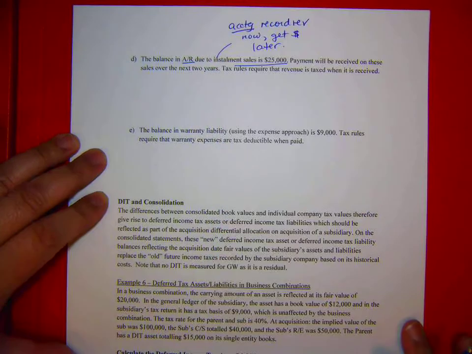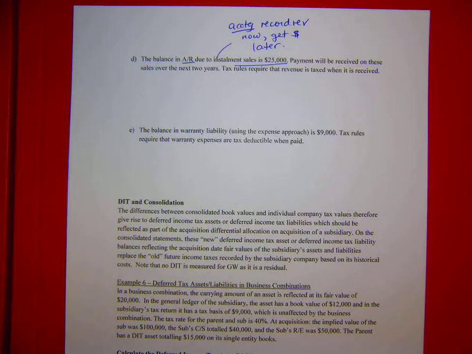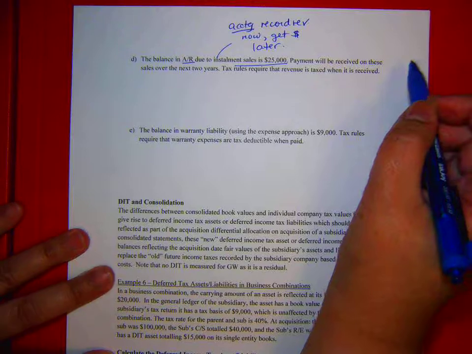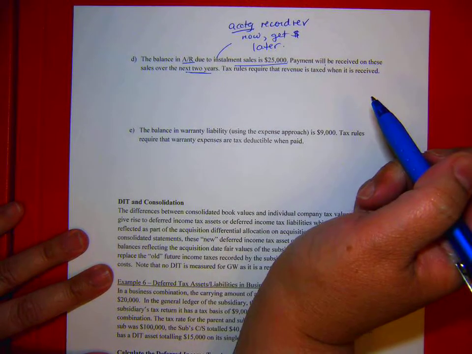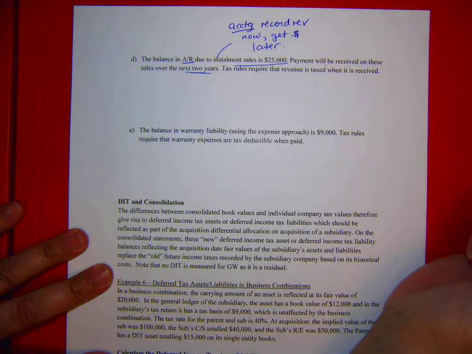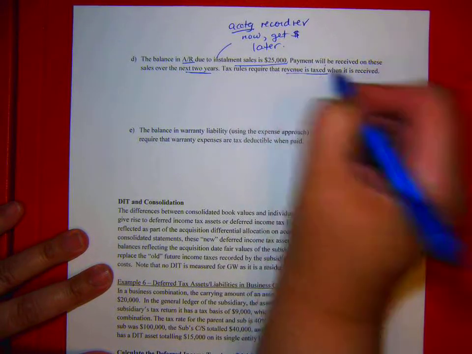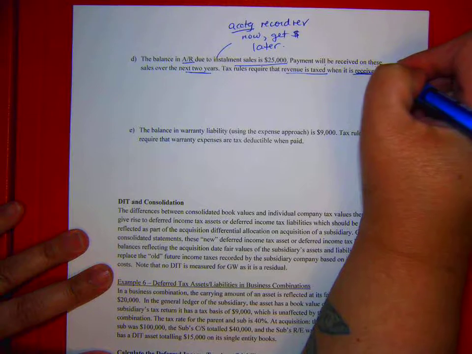And there's all kinds of rules. Obviously, there has to be a reasonable expectation of being paid and receiving the money, things like that. So payments can be received on these sales over the next 2 years. Of course, tax rules are all about the money. Revenue is taxed when it's received, so when they get the cash.